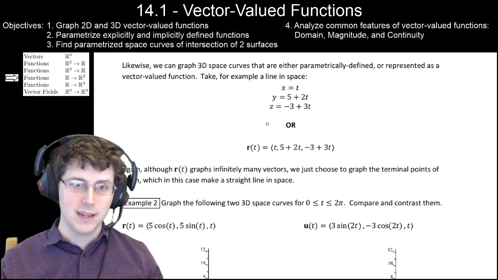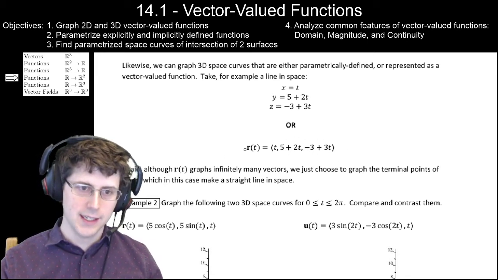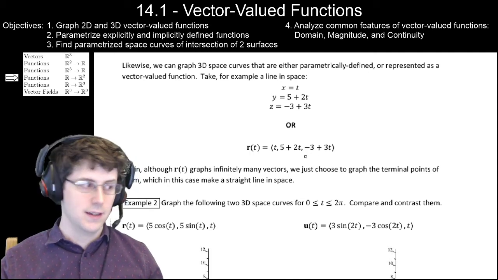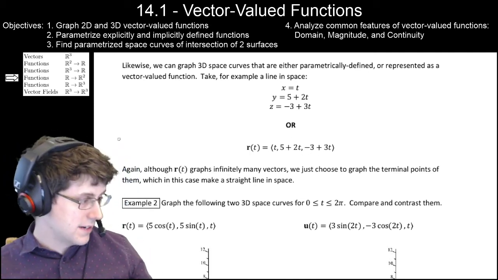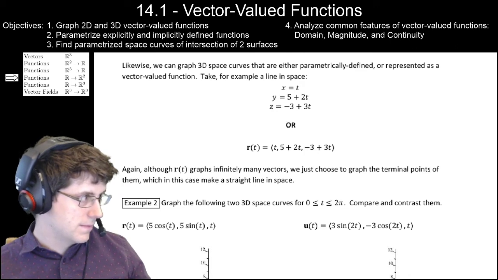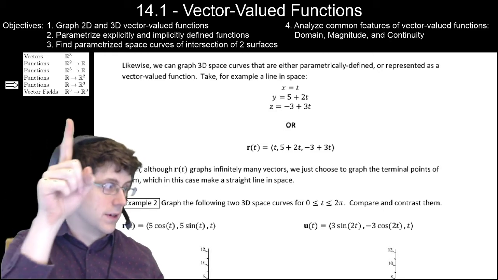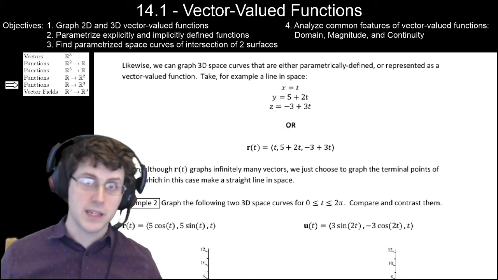When you do that, you think of the whole deal as a single vector-valued function. That's this kind of object, where you put in a number and you get out a point in space, 3 coordinates.